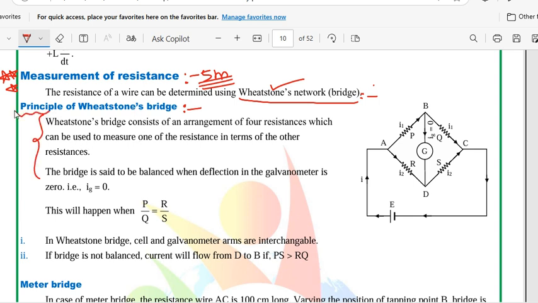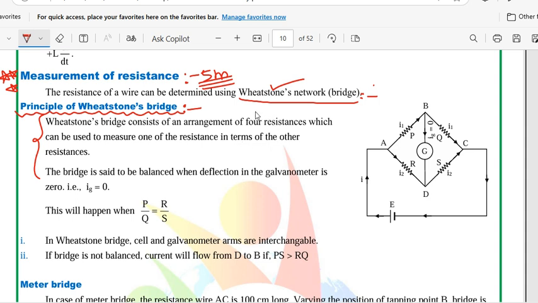The first thing is the principle of Wheatstone bridge. See, Wheatstone's bridge consists of an arrangement of four resistances. Here P, Q, R, and S are the four resistances which can be used to measure one of the resistances in terms of the other resistances.